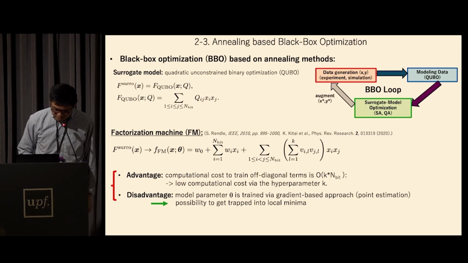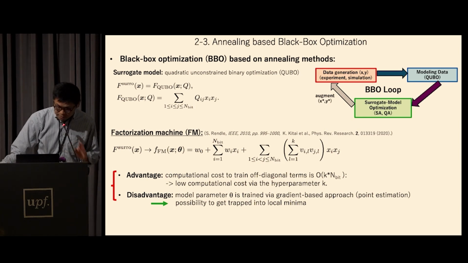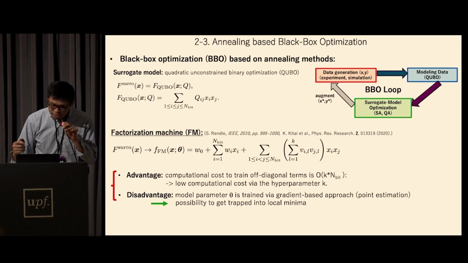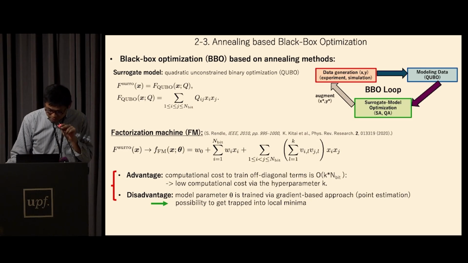And the combination of the factorization machine and annealing is called factorization machine annealing. Kikuchi-san talked about this yesterday. It has been studied extensively from both fundamental and applied perspectives.